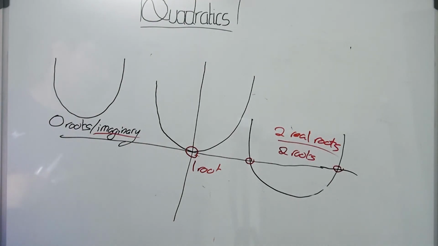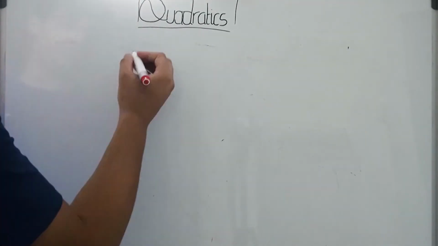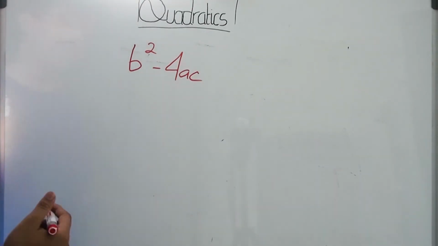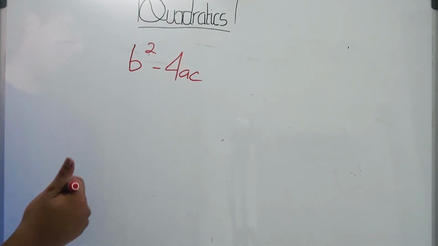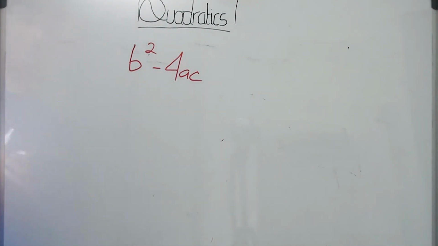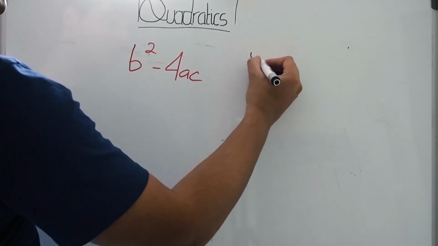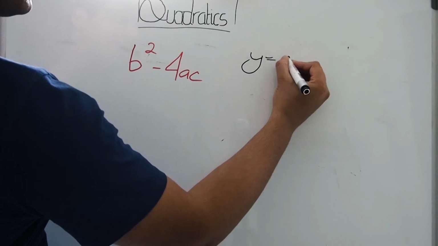The next thing we'll do is how to find out how many roots there are. There's a small formula known as the determinant. I'll write that down. This is known as the determinant. Now you might be wondering what B is, what A is, what C is. If you remember, I showed you what the basic form of an equation of a quadratic was, right?